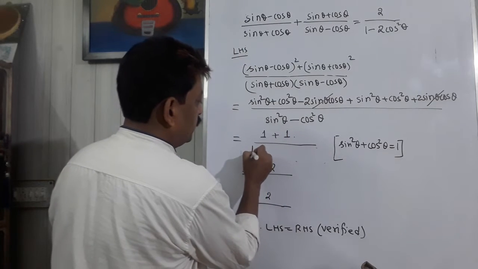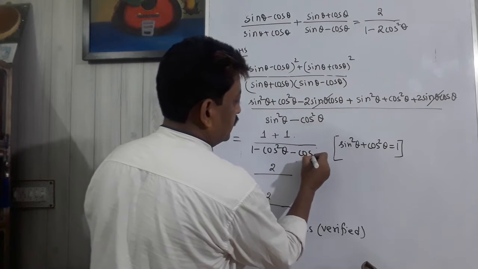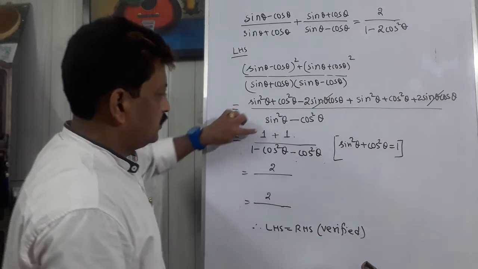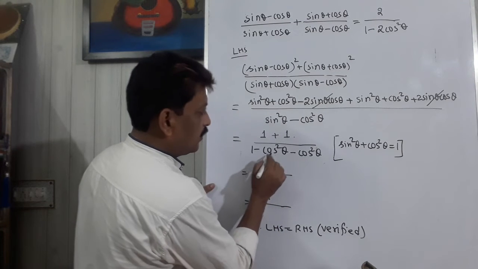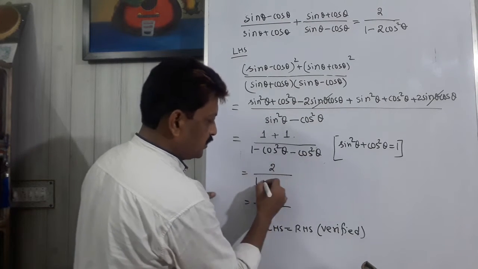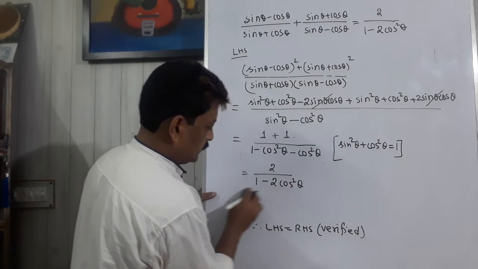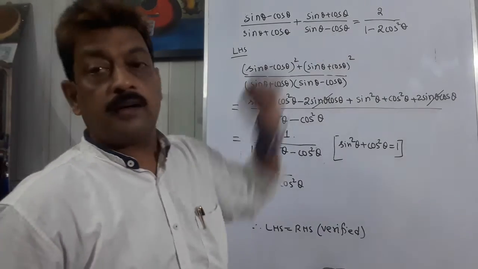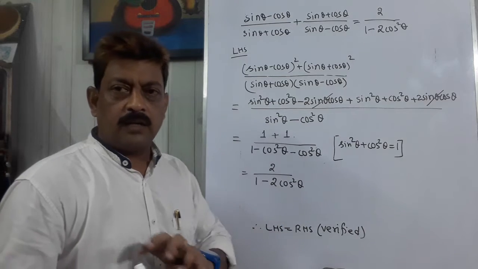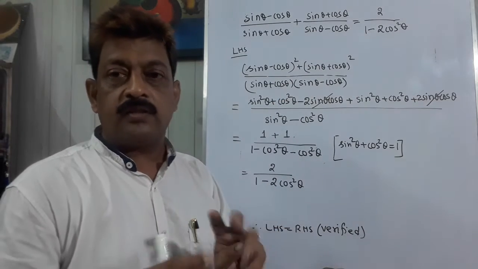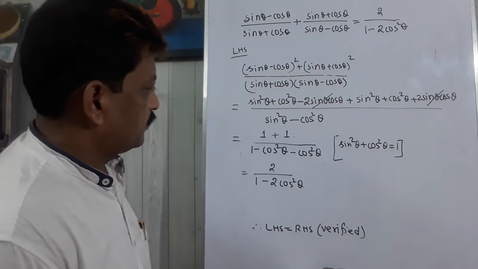So sin square theta will be 1 minus cos square theta, and my cos square theta is already there. Now see, this is 1 plus 1, 2 as it was done earlier, and this is 1 minus cos square theta minus cos square theta makes minus 2 cos square theta, and that is the RHS. So here the question is the same, but the right hand side has been changed a little bit. Understood? Okay, fine.